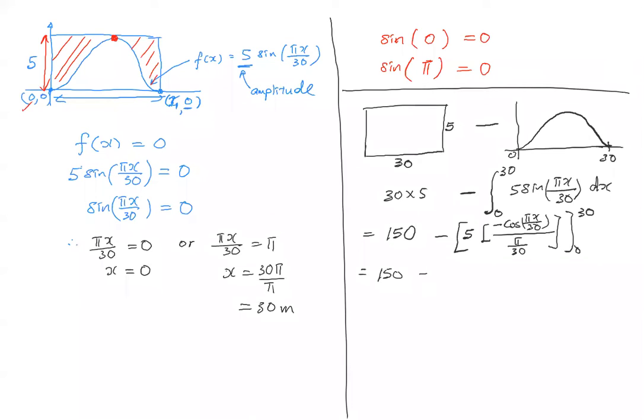Okay, so this will be 150 over pi times negative cos pi, take away negative cos 0.